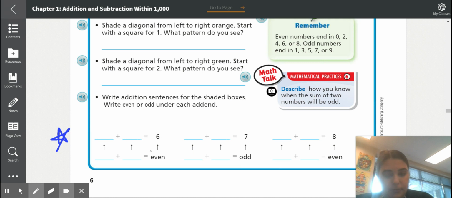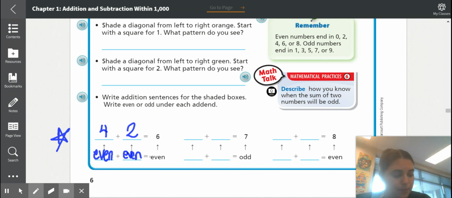So let's see, we could do 4 and 2. We're going to be talking about evens and odds. If the number 4 is an even number, and the number 2 is also an even number, we get an even number as our answer.